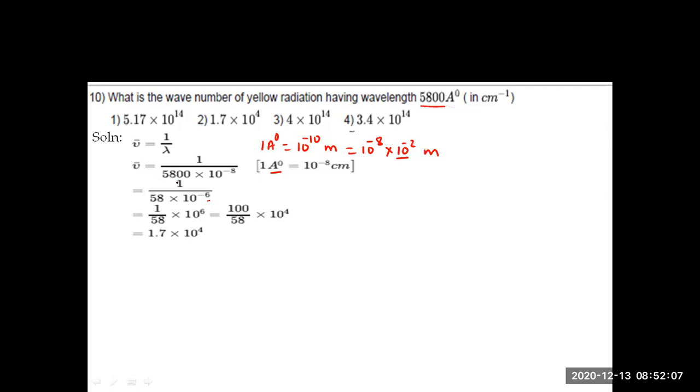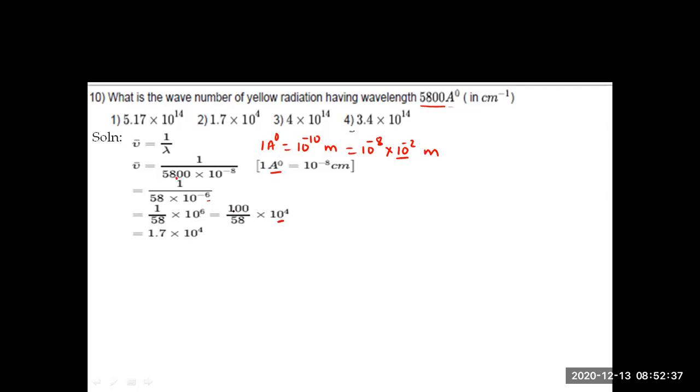When you shift the decimal left, increase the power. How many positions are you shifting the decimal? 2 positions here. So minus 8 becomes minus 6. Now you push the 10 raised to minus 6 to the numerator. It becomes 1 by 58 into 10 raised to 6. In 10 raised to 6, you take out 100 so that you can divide easily. So take out 10 raised to 2 outside. That means 100. What remains is 10 raised to 4.